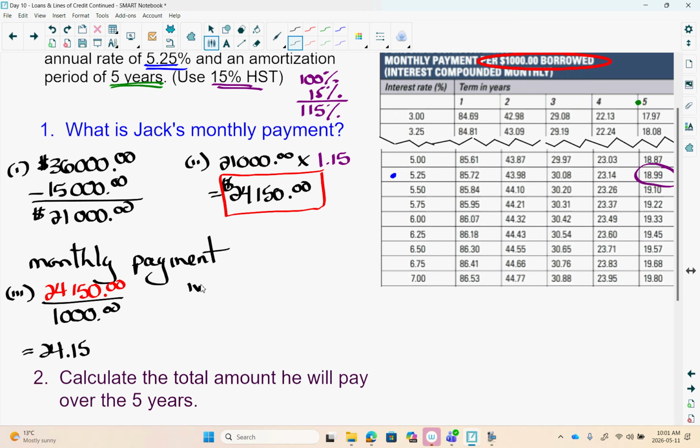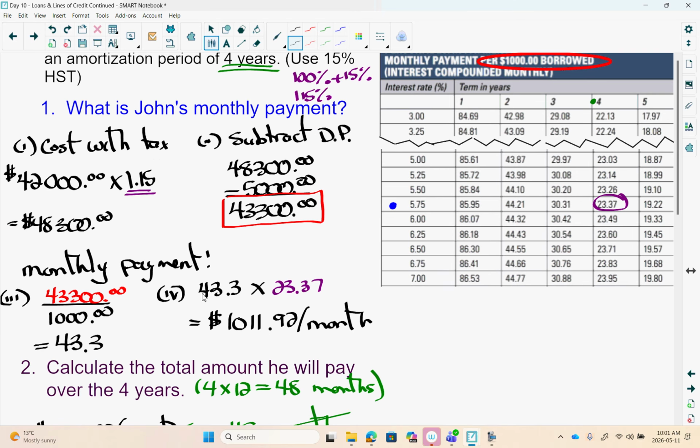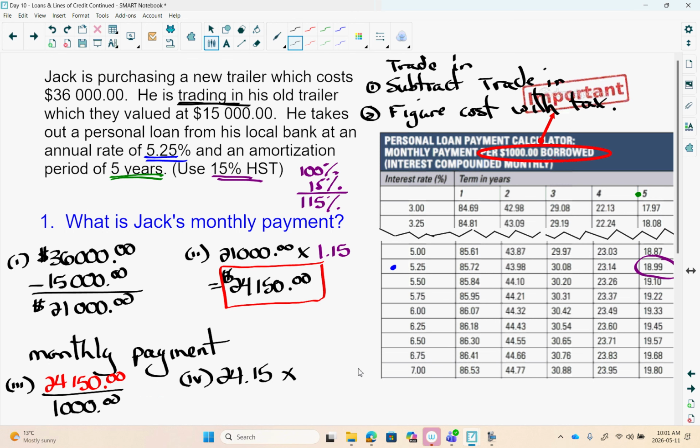And then what do you do in step 4? What do I do with the 24.15? Anyone? What do I do with the 43.3? I multiplied it by 23.37. Where's that number coming from? From the chart. Okay. Is it 23.37 again?